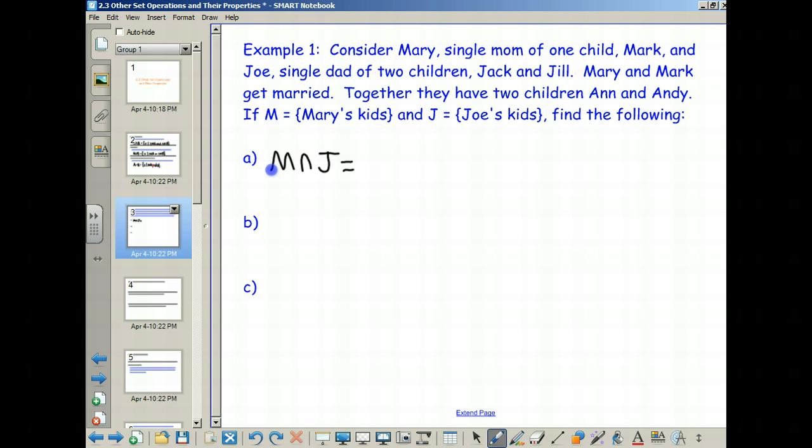So what is the intersection in this description? Can you describe in words who this would be? Who's in this intersection? Which kids? Anne and Andy. Because they're supposed to be Mary's kids and Joe's kids.